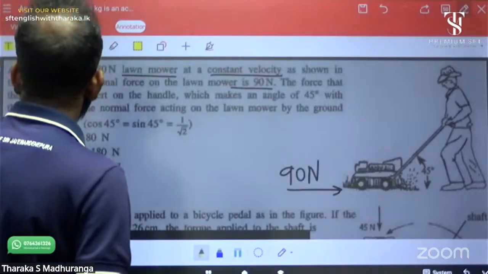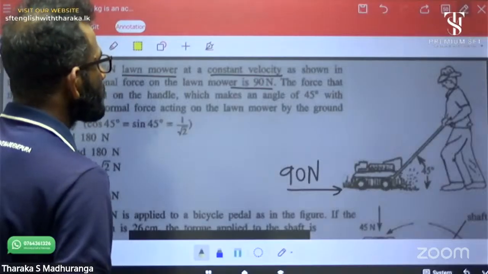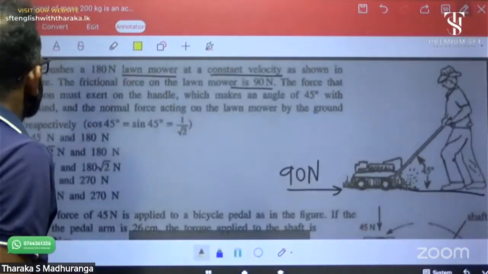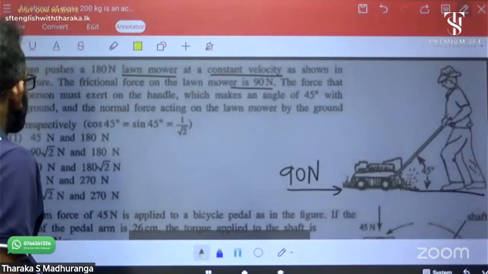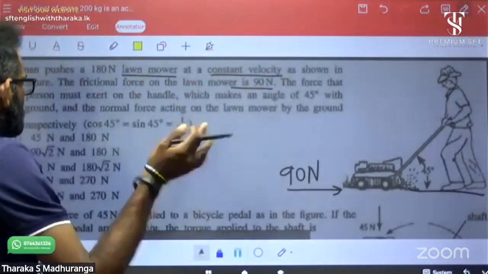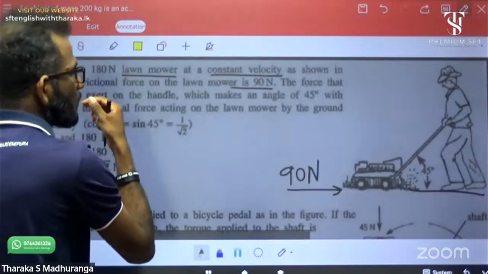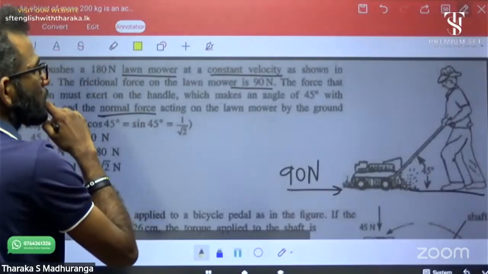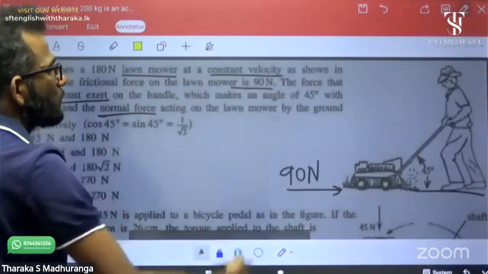The force that the person must exert on the handle, which makes an angle of 45 degrees with the ground, and the normal force acting on the lawn mower from the ground are asked, respectively.